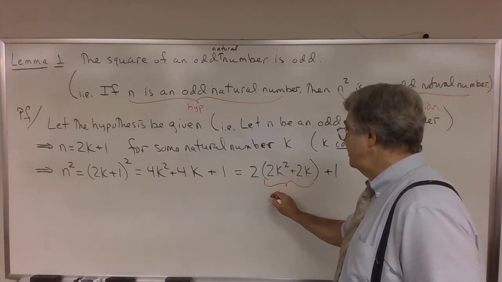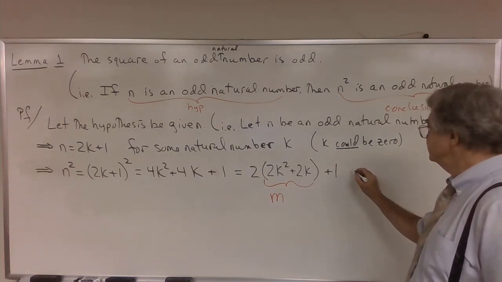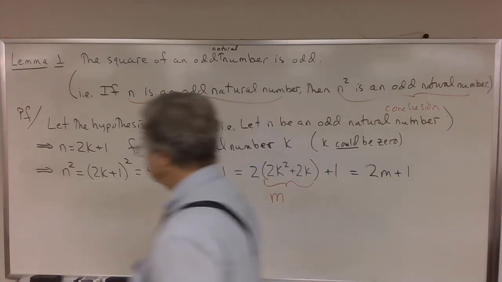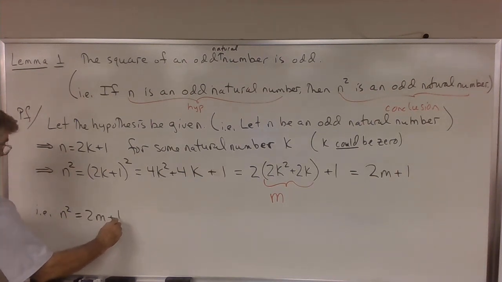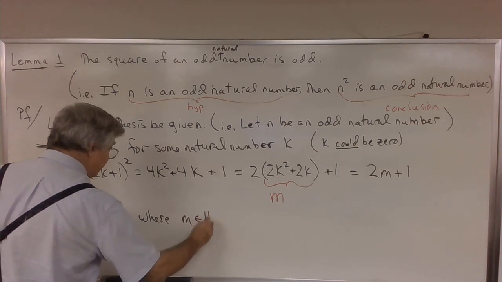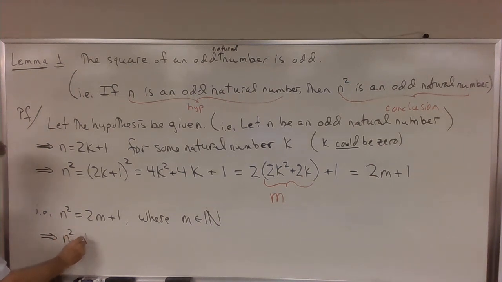So let's say this, I'll call this m. n squared is 2m plus 1, where m is a natural number, and that could be m equals 0. So this implies n squared is odd.